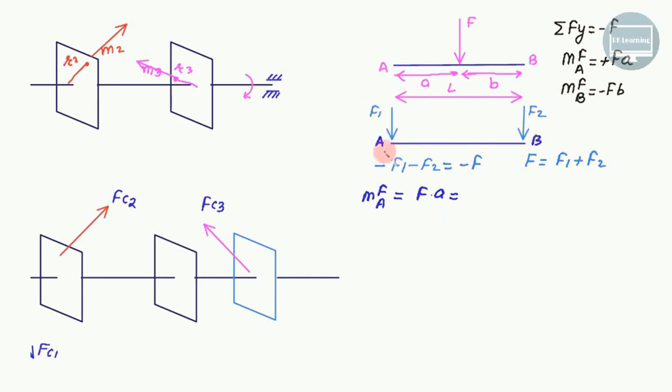What is the moment of F2 about A? It is F2 multiplied by L. So can we calculate F2? It is F multiplied by A divided by L. And if I use the second condition, I can directly calculate the value of F1. Or otherwise you can put this value back here, and are we able to calculate the value of F1?